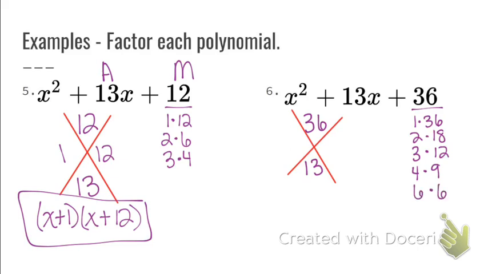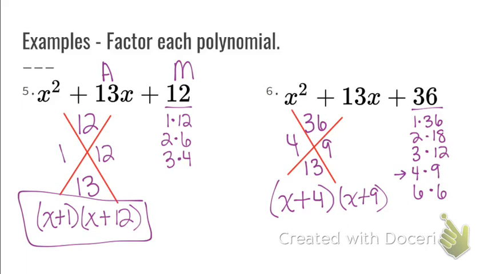All right, the one that's going to add up to 13 is going to be 4 and 9. So that would be our answer, x plus 4, x plus 9.